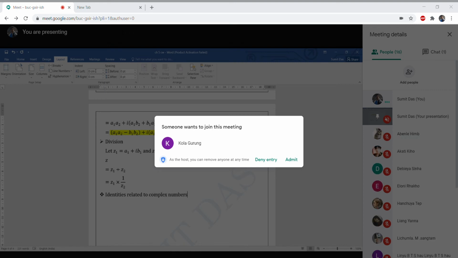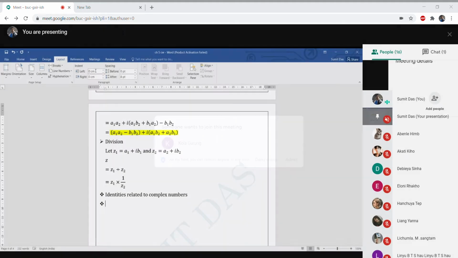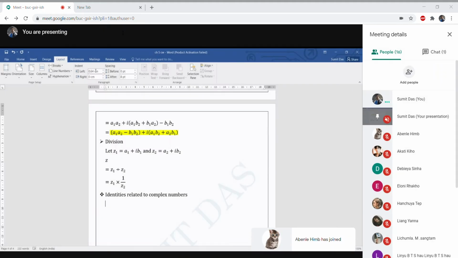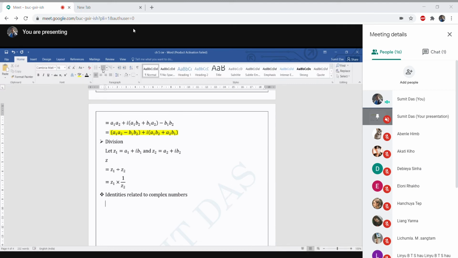These identities almost all of you know, like the a plus b whole square formula.